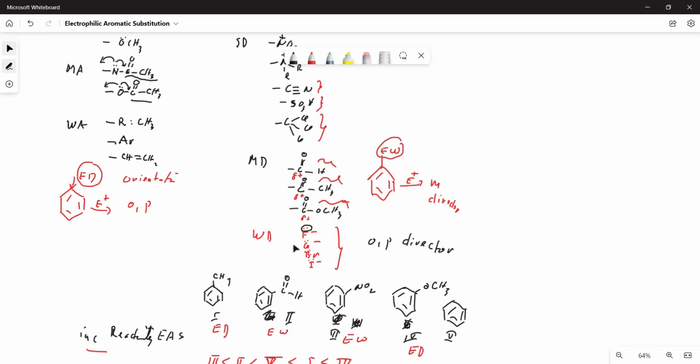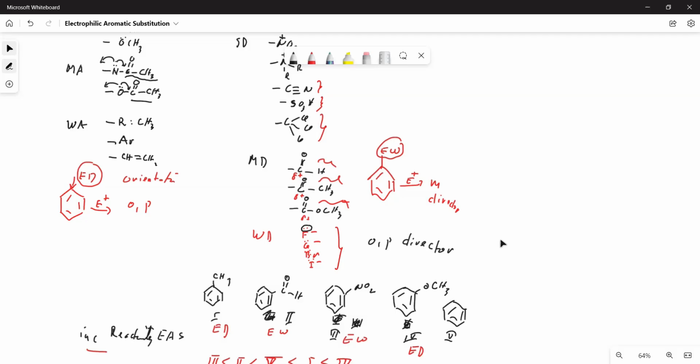Because the halogens are electron withdrawing, but they are not meta directors. They are ortho-para directors. Why? Because they have the lone pair. So during the reaction, they anchor the electrophile at the ortho and para, but overall, they will deactivate the benzene ring. So that's why they are still classified as electron withdrawing groups rather than electron donating groups.